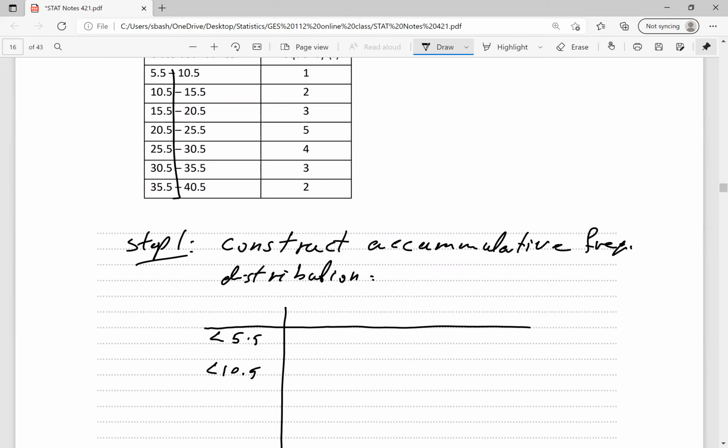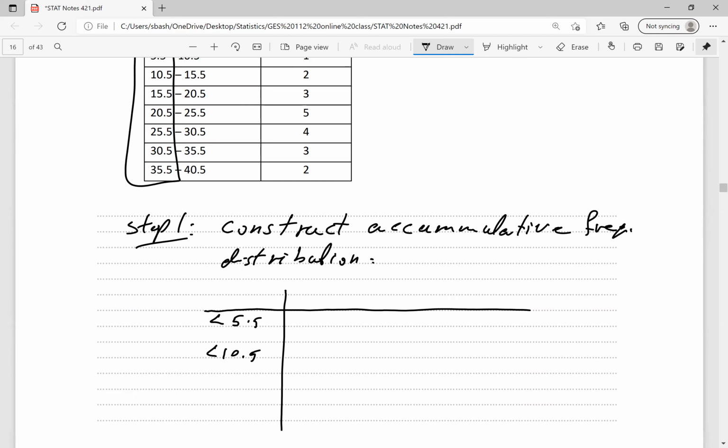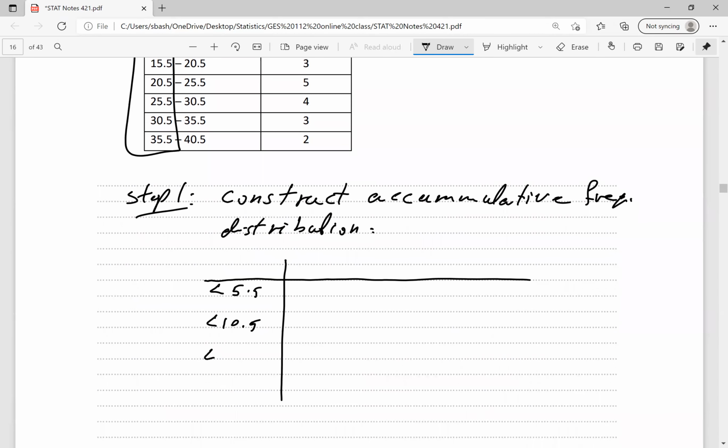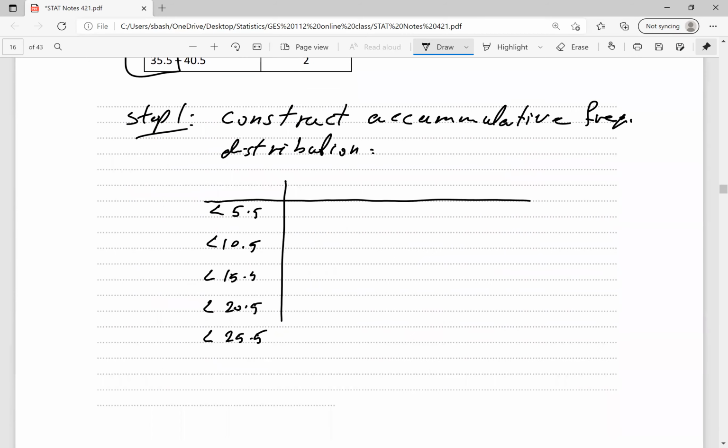We are taking the lower boundaries: less than 15.5, less than 20.5, less than 25.5, less than 30.5, and less than 40.5.